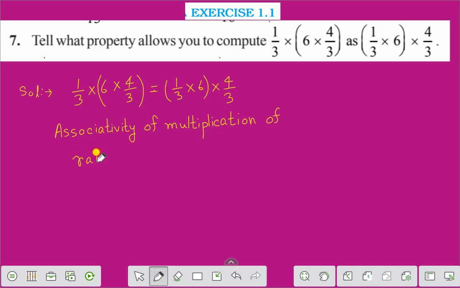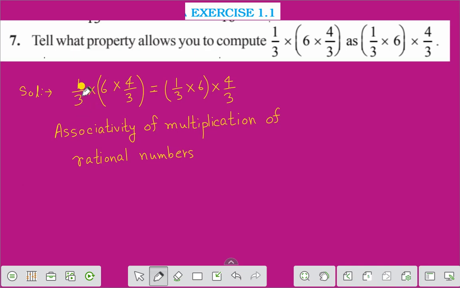We use this property here of rational numbers. Right? Here we have used the property of associativity of multiplication of rational numbers.